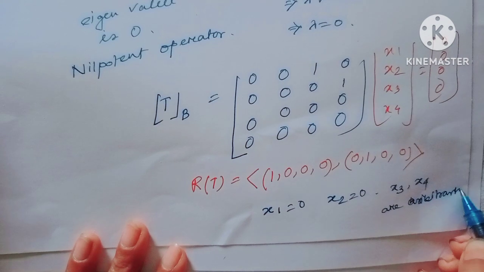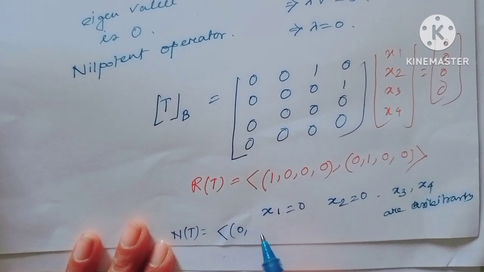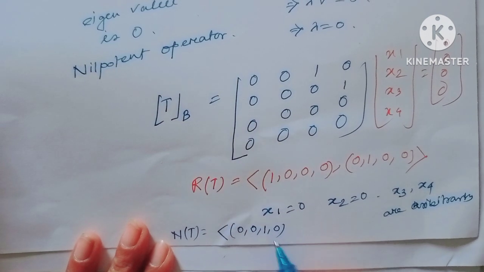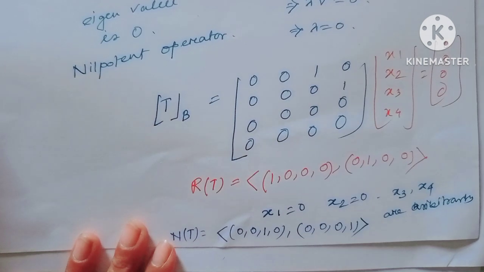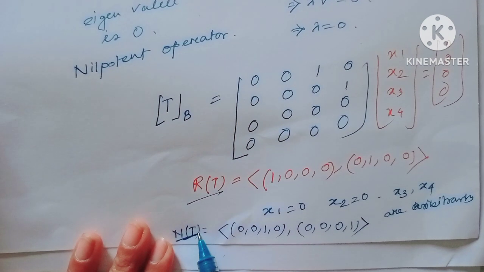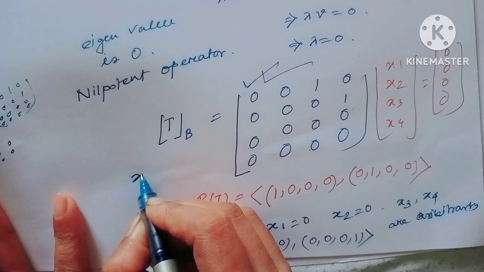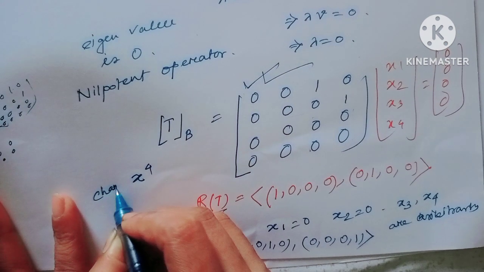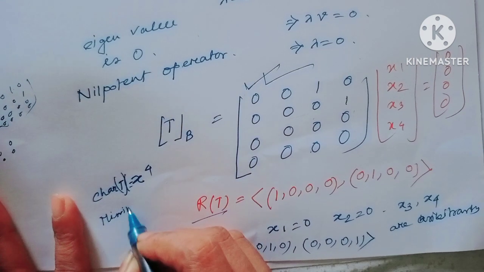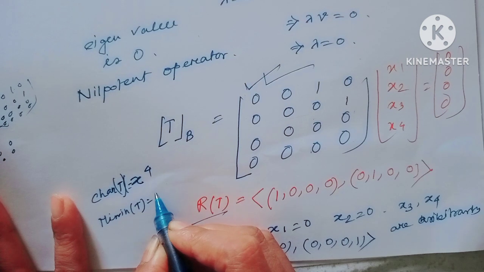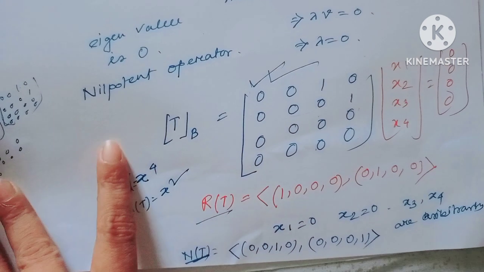So the null space would be spanned by 0 0 1 0 and 0 0 0 1. Notice here the range space and null space are both equal, so we can consider this type of matrix. But its characteristic polynomial would be x to the power 4, while the minimal polynomial of T is actually x square. So here the minimal polynomial is not equal to the characteristic polynomial.